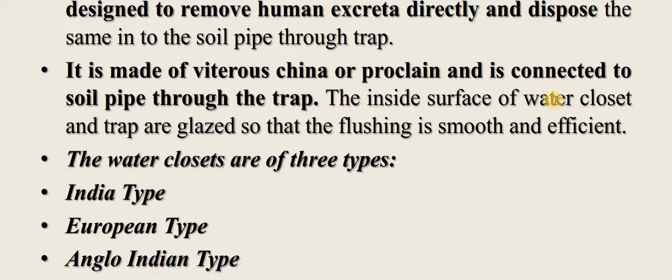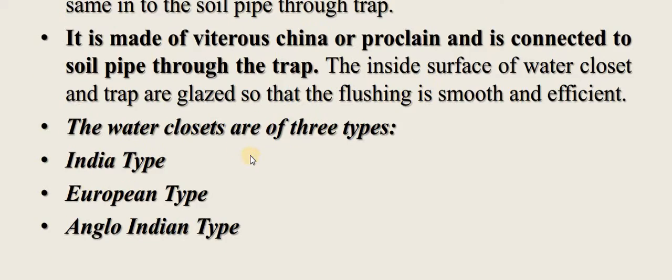The inside surfaces of the water closets and traps are glazed so that the flushing is smooth and efficient. There are three types of water closets: Indian type, European type, and Anglo-Indian type.